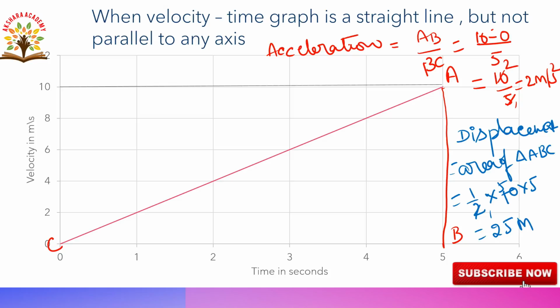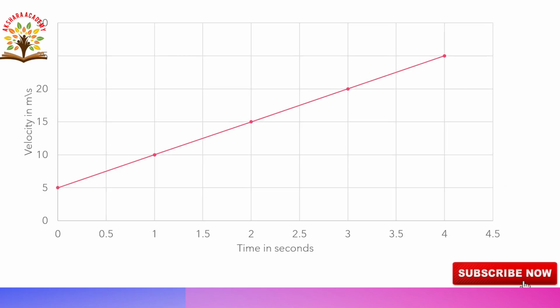When the velocity time graph is a straight line but not parallel to any axis, we are calculating acceleration and displacement. Next, go to the second case, case 2. This is also a velocity time graph, a straight line but not parallel to the time axis.